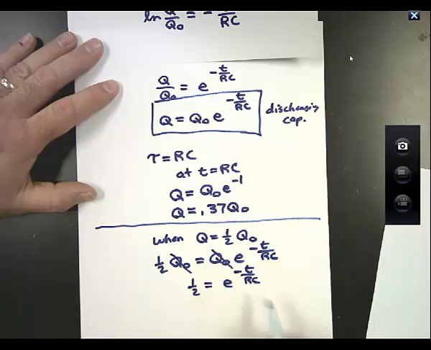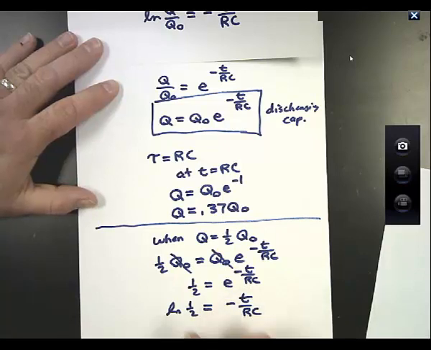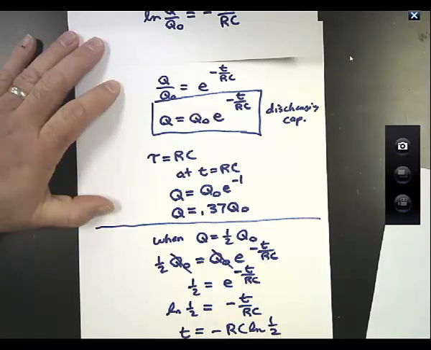Now, if I take the logarithm of both sides, I get the natural log of 1/2 equal to minus t over RC. Or t is equal to minus RC natural log of 1/2. What that turns out to be is RC is tau, right? Natural log of 1/2 is actually a negative number. It turns out to be 0.693.